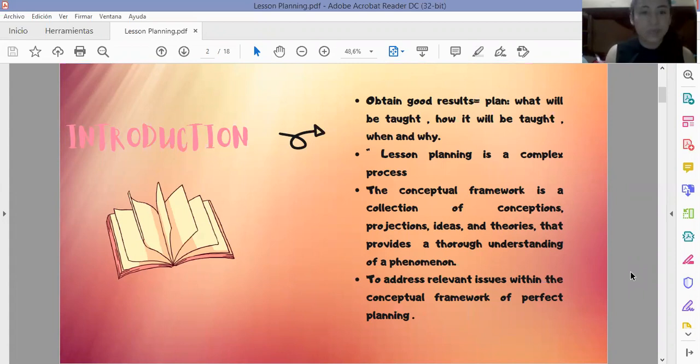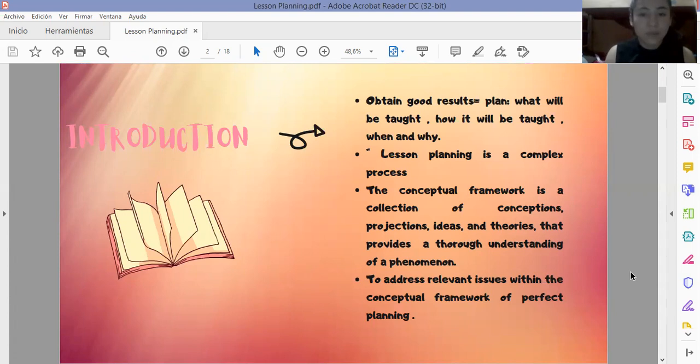It is important to mention that in order to obtain good results, it is necessary to plan what will be taught, how it will be taught, when, and also why. So first of all, lesson planning is a complex process, especially for students and teachers who are not experienced and are still learning.